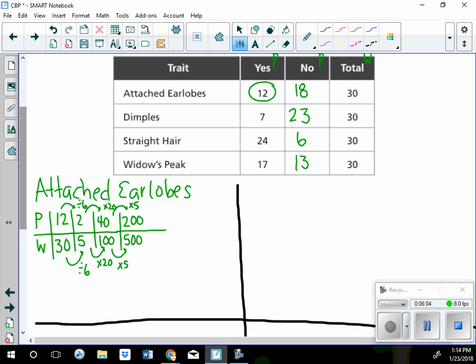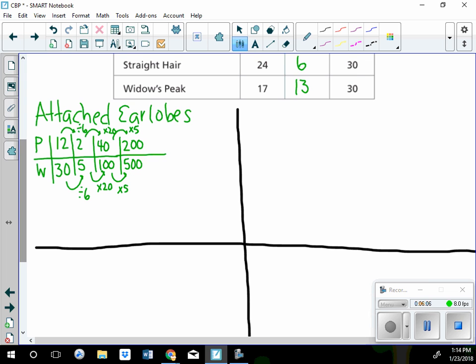All right, so that was 2 things that I asked you to do for this. Let's actually write out our answer. We have beautiful work, but if somebody looked at it, they wouldn't be sure what our answer is. So the first thing I want you to write down is 40% of people. You can abbreviate people if you'd like to. I did PPL. Have attached earlobes.